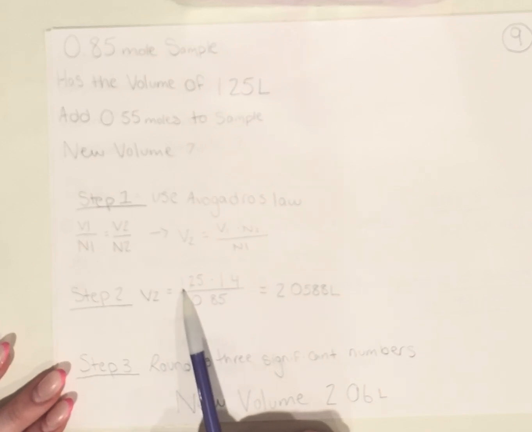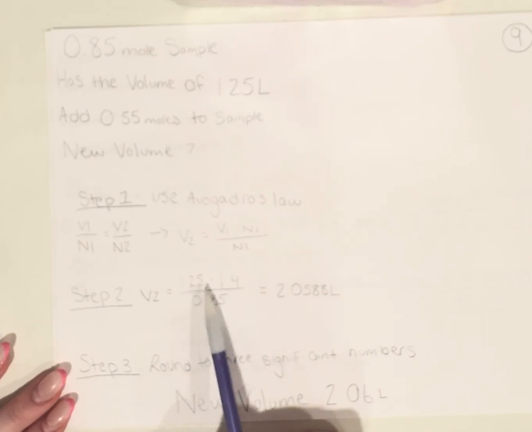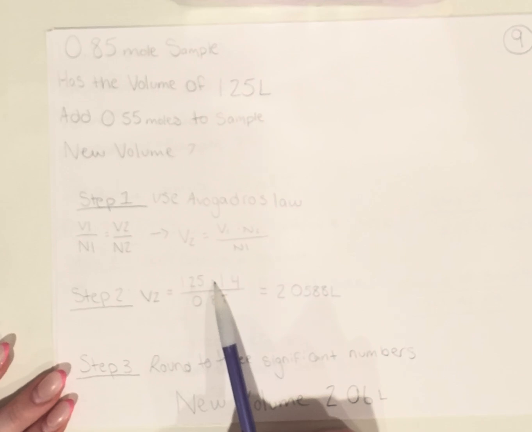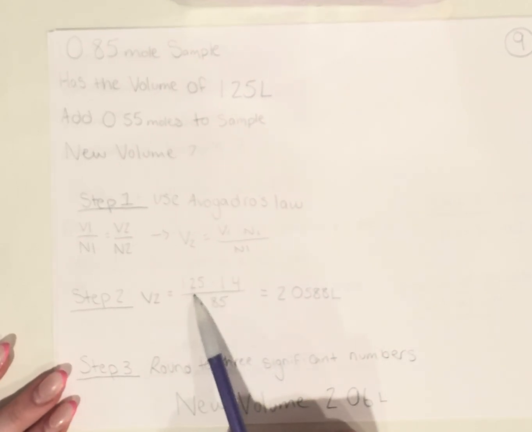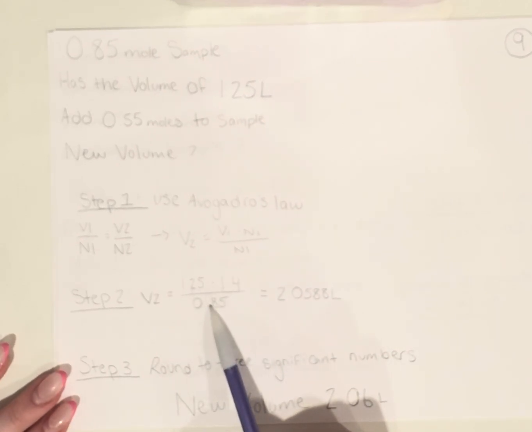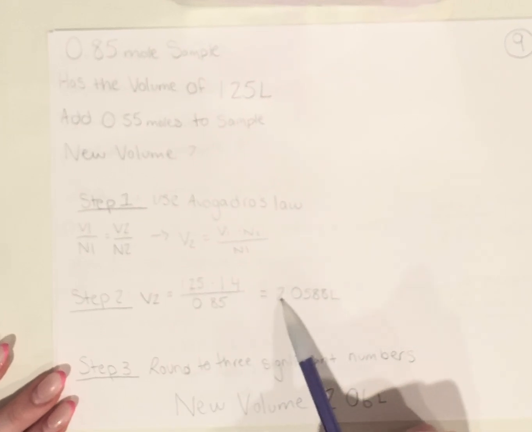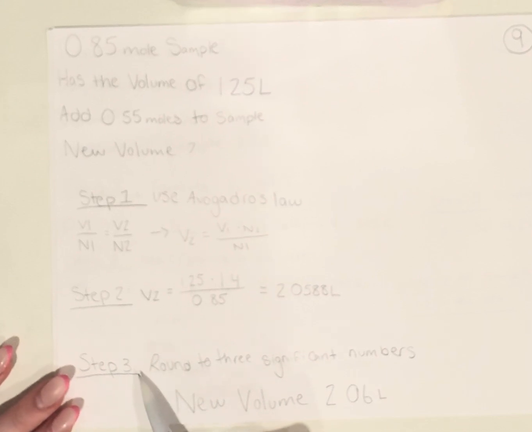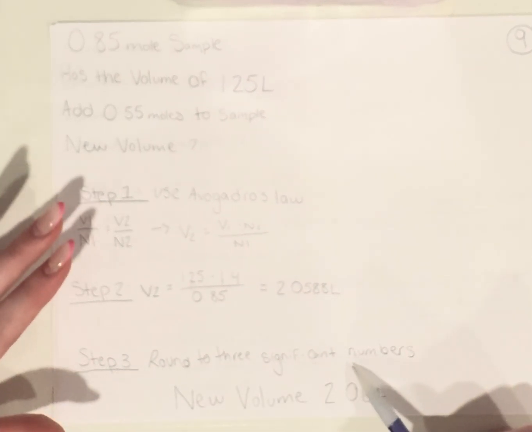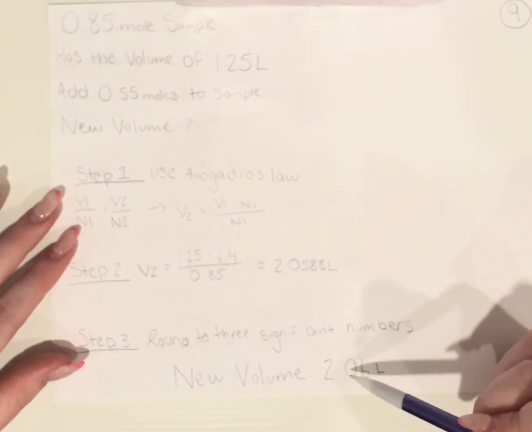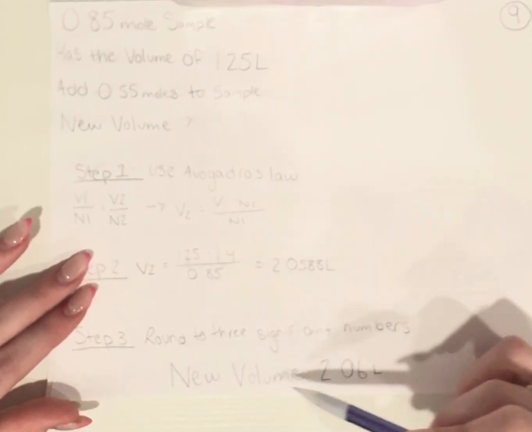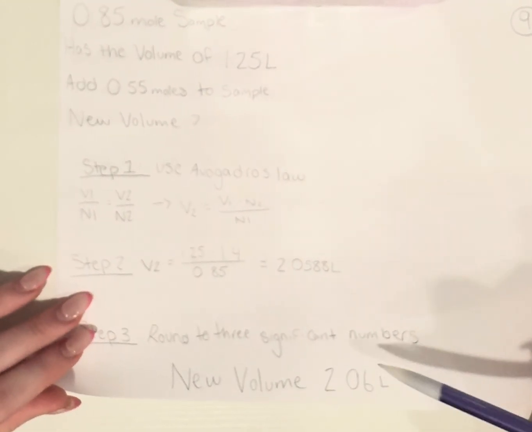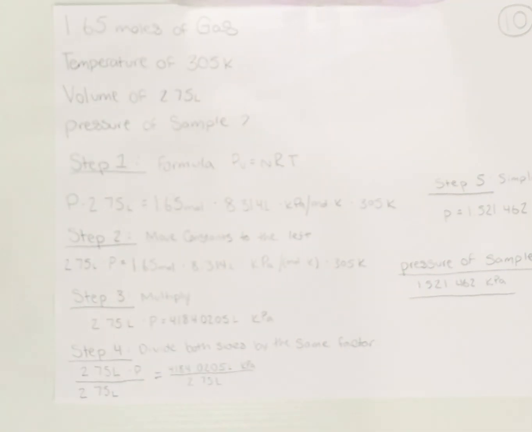We are going to take the volume and multiply it, and then divide it by the mole sample, and that is going to give us 2.0588, and then we're also going to round that to 3 significant numbers, 2.06, making the new volume 2.06.